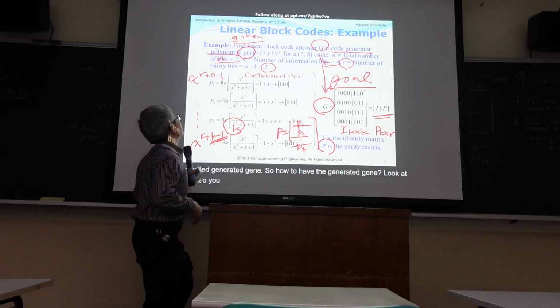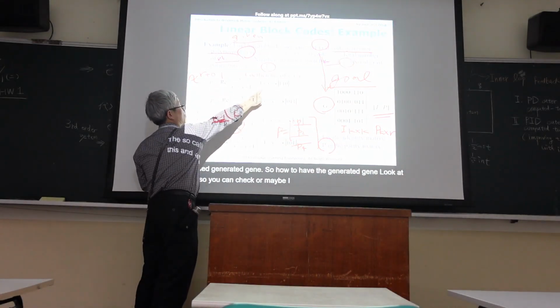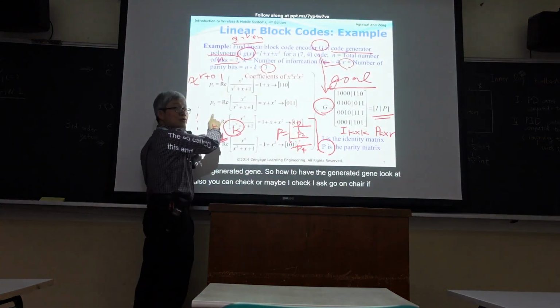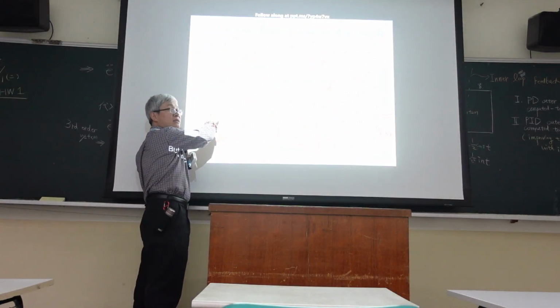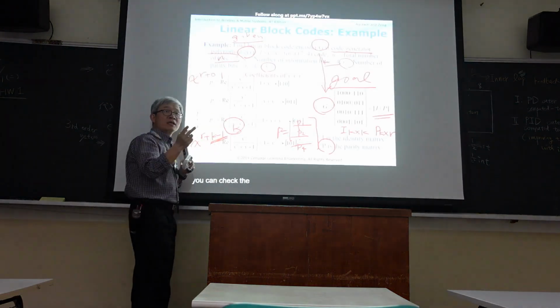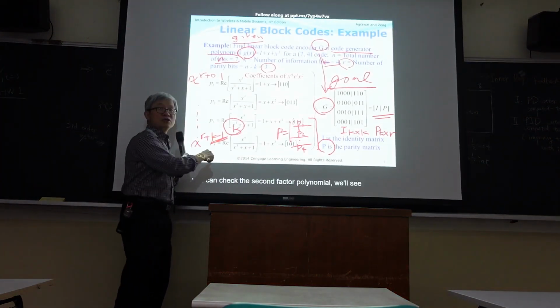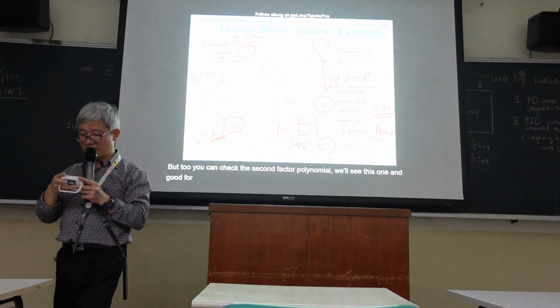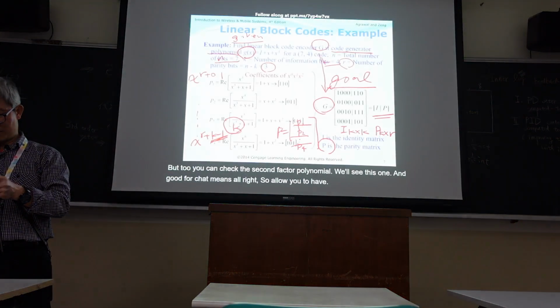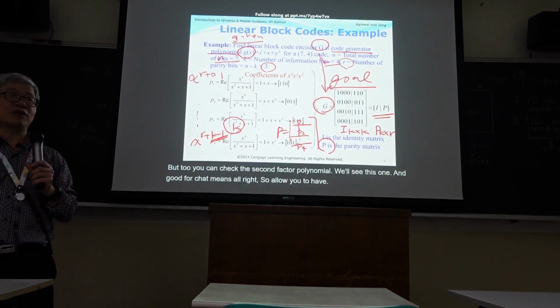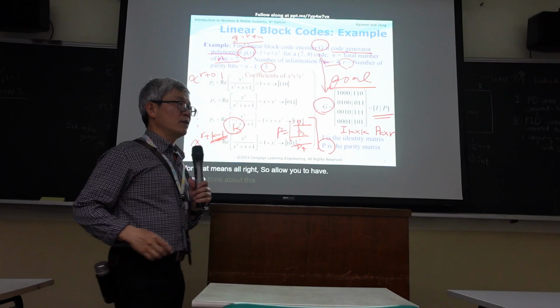And also you can check. Maybe I ask group 1 to check, is it true? The remainder. And group 2, you can check the second vector polynomial. Group 3, this one. And group 4, check these. Alright, I allow you 2 minutes to think about this and also check with your neighbors.